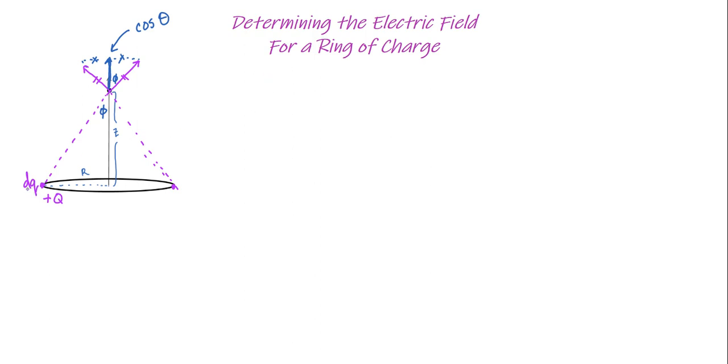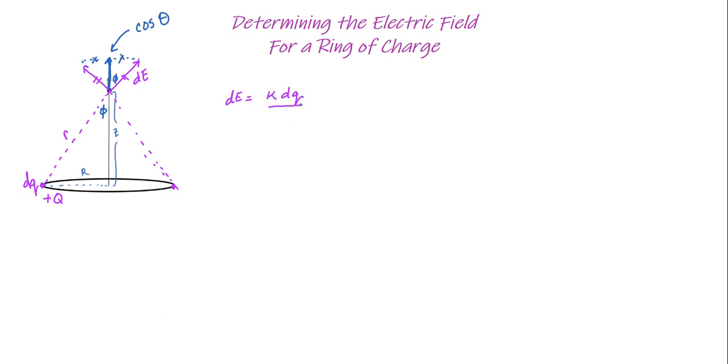And each value of dq is a distance r away from the point that we are analyzing. And each of those dq values is going to make a dE component to the electric field.